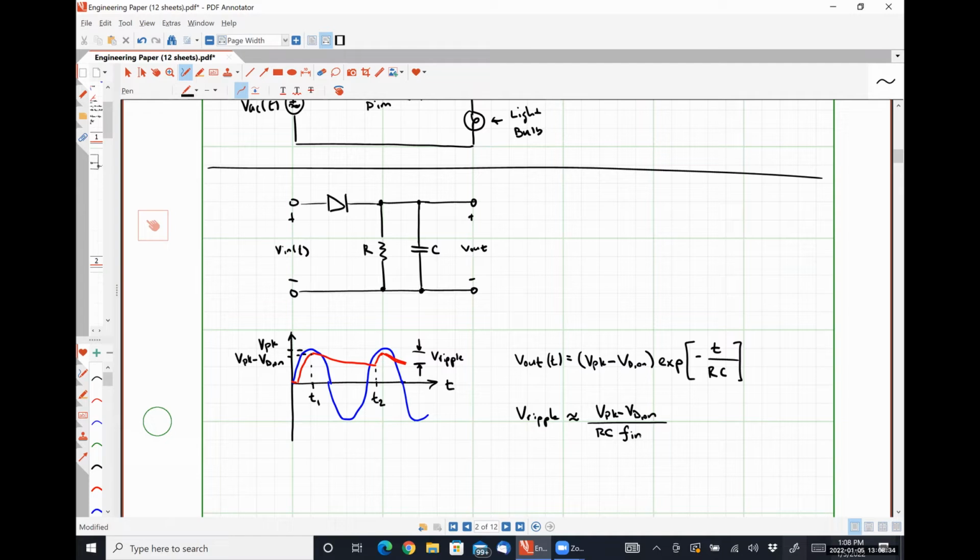So we can easily see that the magnitude of our ripple voltage depends on our time constant here, how our system reacts to the change during our transient condition, okay?